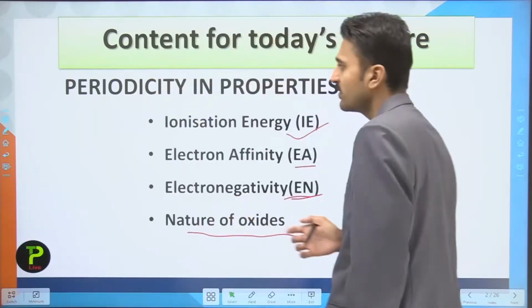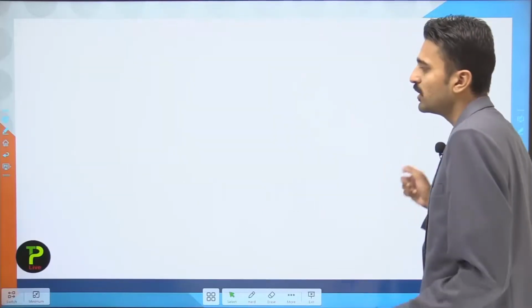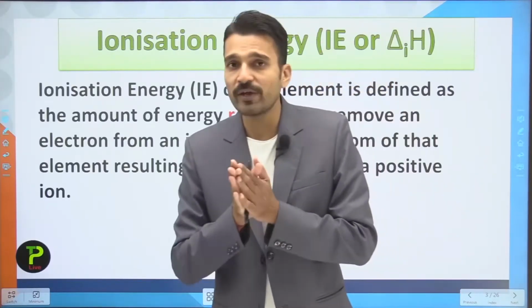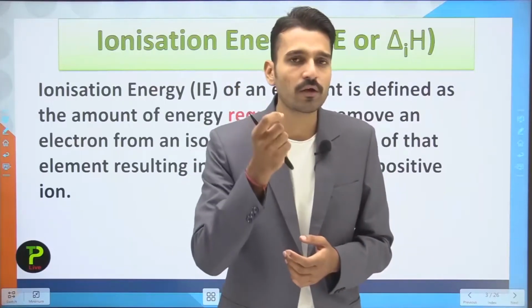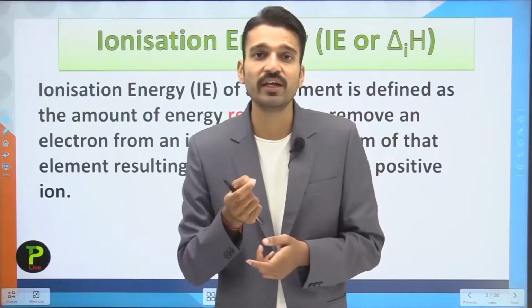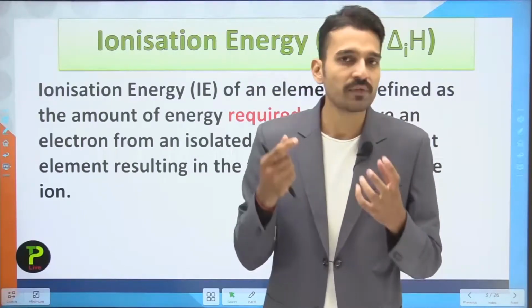So let us start with the first topic, ionization energy. Students, what is ionization energy? Ionization energy is the amount of energy required to remove an electron from the outermost shell of an atom which is present in its gaseous state and isolated from other atoms.